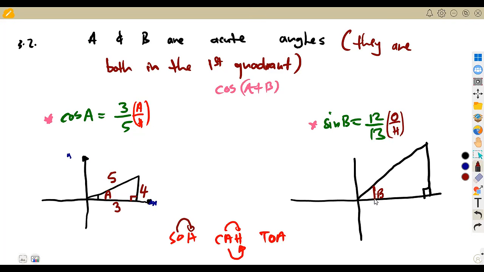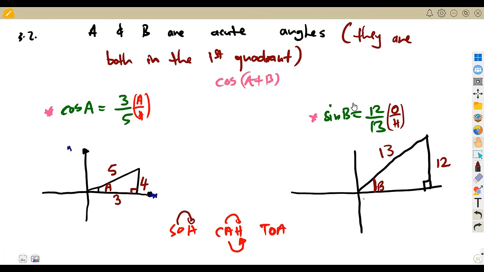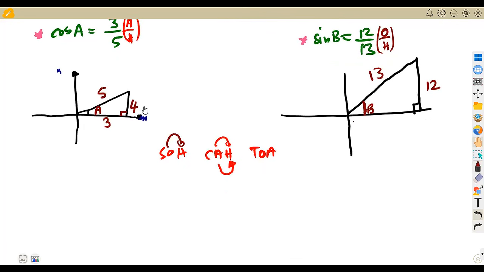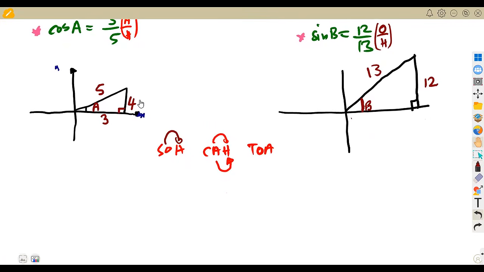So it means according to B, the opposite, which is this side facing B, is 12, and the hypotenuse is 13. So we are left with the third side, this one, which we are supposed to calculate, just like what we did on this part to calculate 4, which was the third side in that case. We are going to apply the Pythagoras theorem, which is one and the same thing as the previous part.